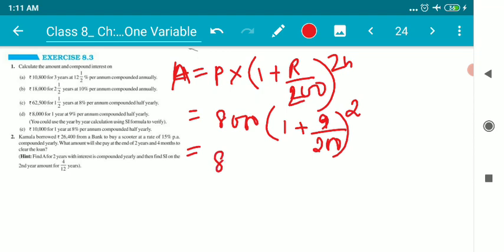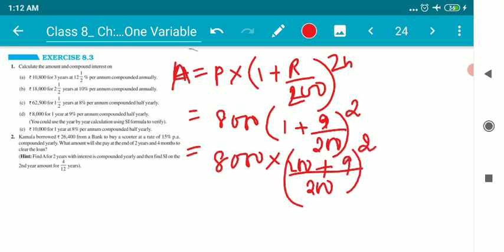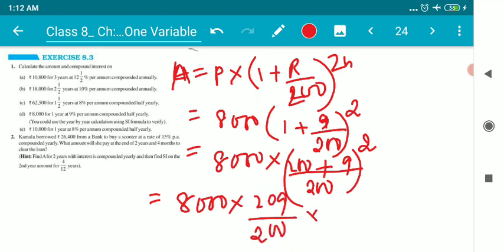So now 8,000 into, I'll just take the LCM of this number. 200 into 1 will be 200, plus 9, divided by 200, whole to the power 2. So I'll write 8,000 into 209 by 200 into 209 by 200.